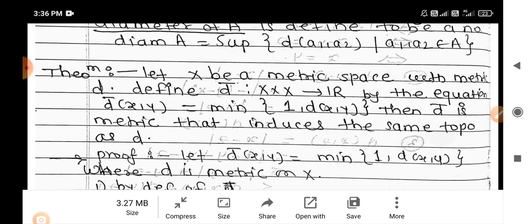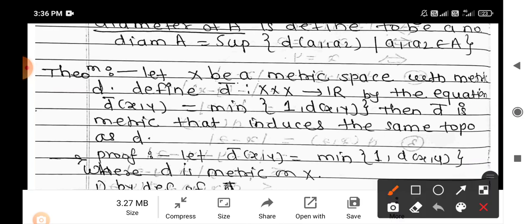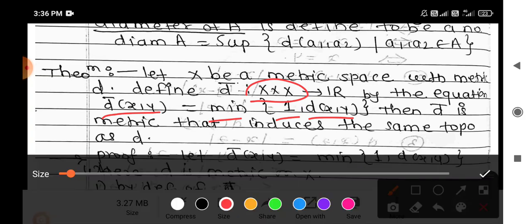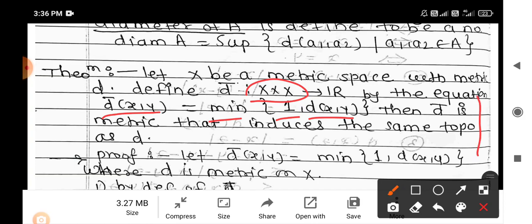Next, see the theorem. Let X be a metric space with metric D, and define D bar from X cross X to R by the equation D bar of xy equals the minimum of 1 comma D of xy. Then D bar is a metric that induces the same topology as D. Now the proof.